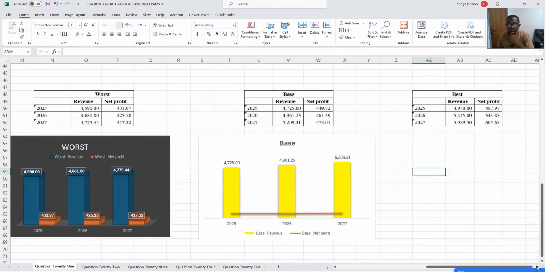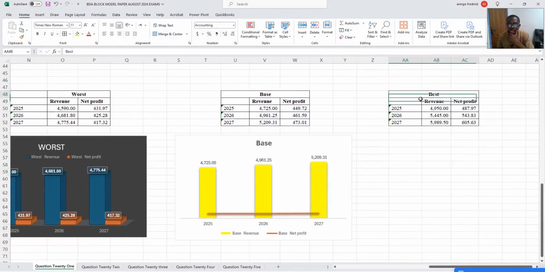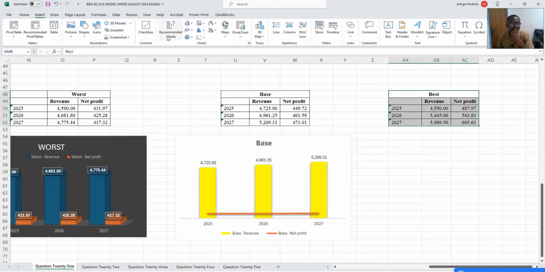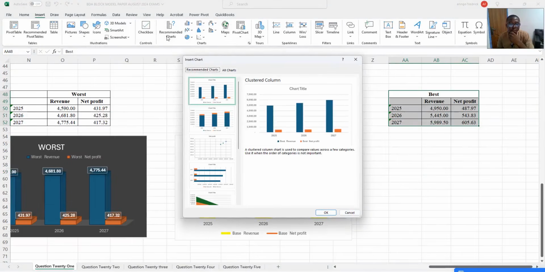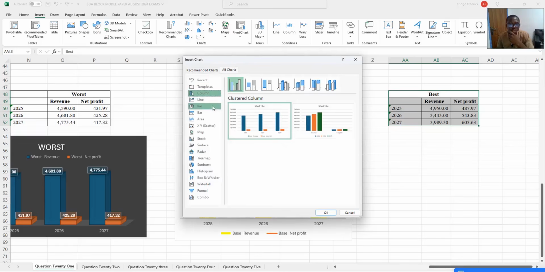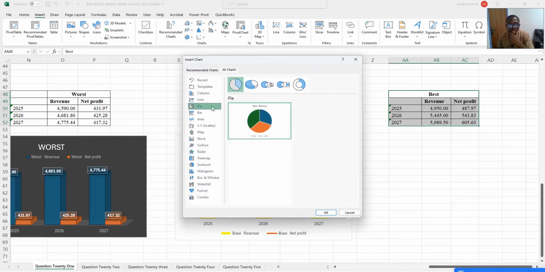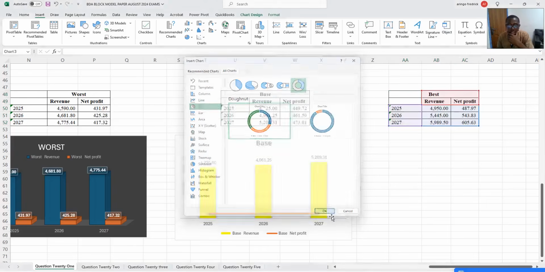Same procedure applies. We come and take this, insert, recommended, based on what you can use. In this case, we can use the donut.